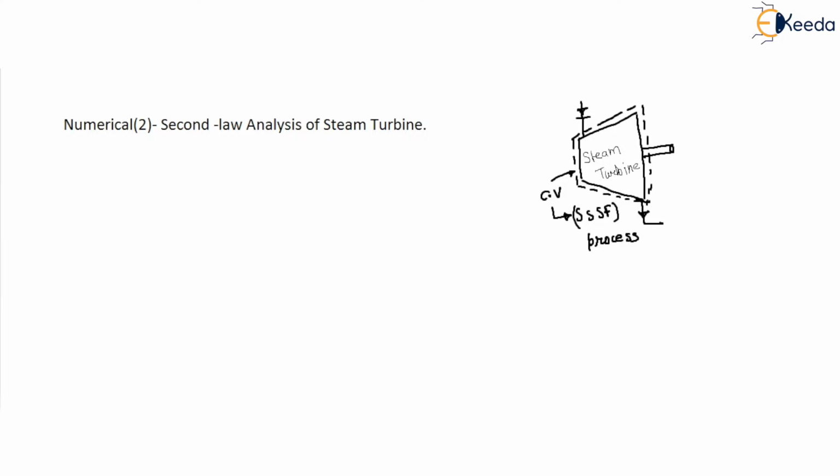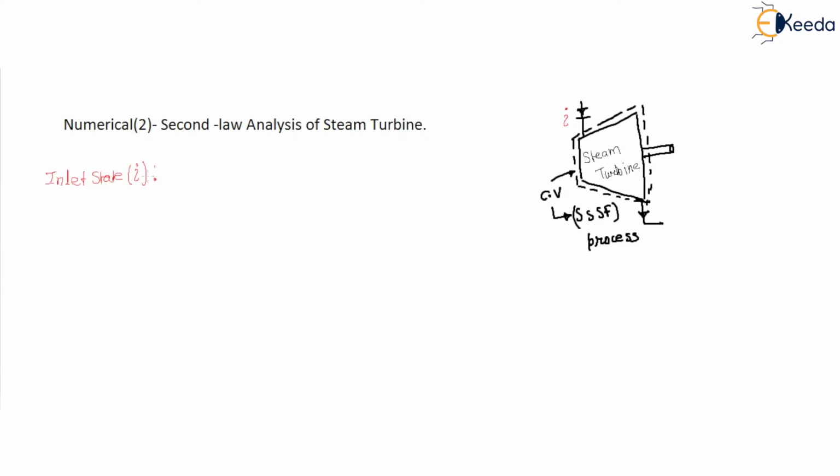Now what is given? Steam enters a turbine in a steady manner at 3 megapascal and 450 degrees centigrade. So this is the entry, this is your inlet state 1.